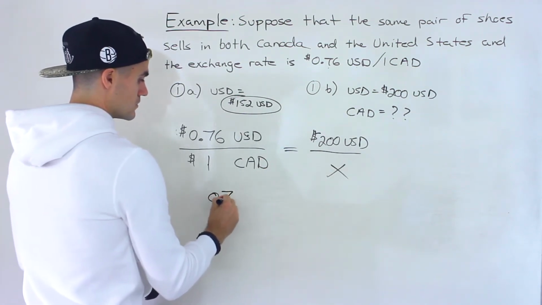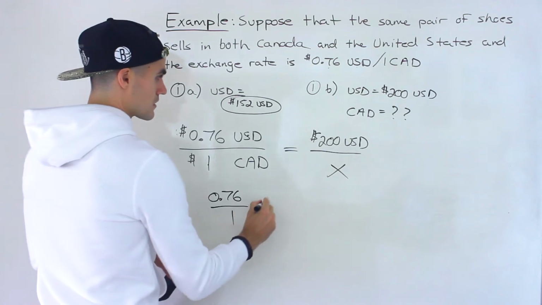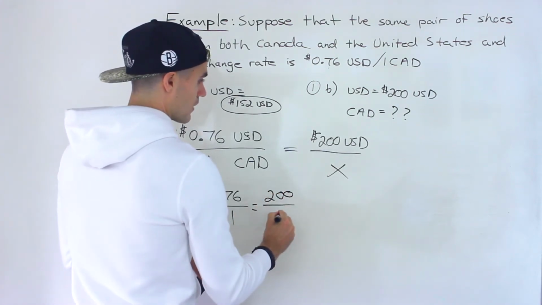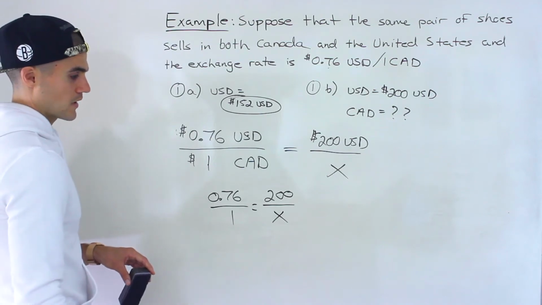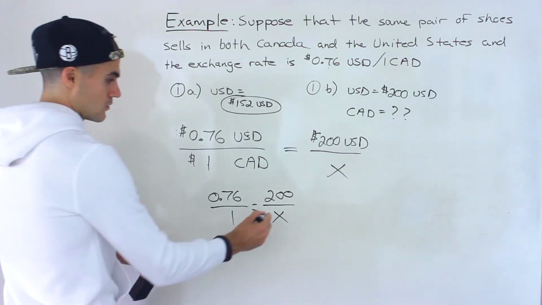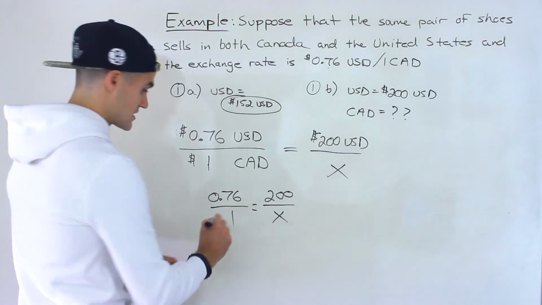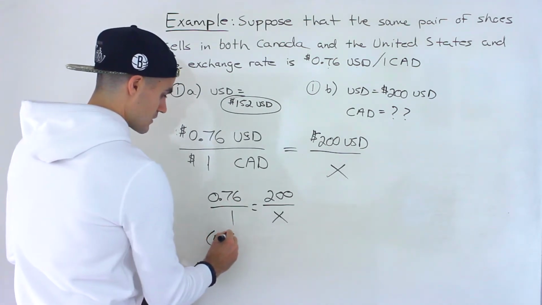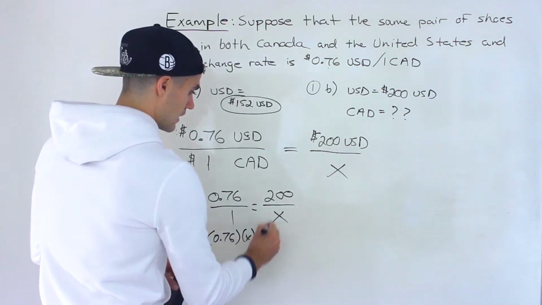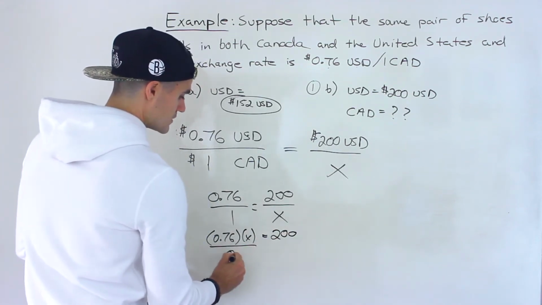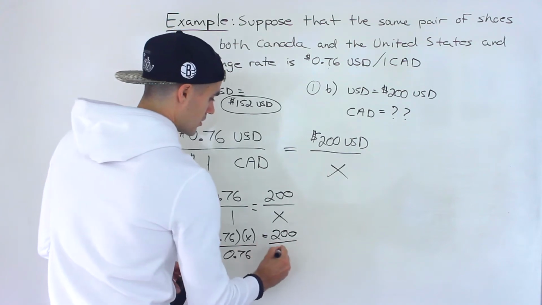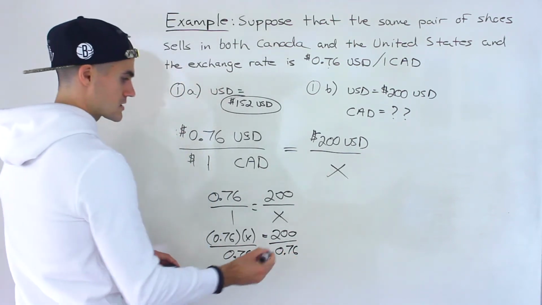And so to kind of show this a little nicer, without these currency symbols, this is what we have to solve. And so X times 0.76 would give us 0.76X, and then 200 times 1 would give us 200, and then divide by 0.76.